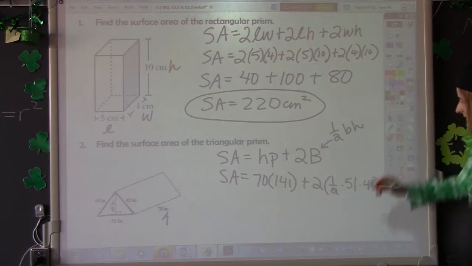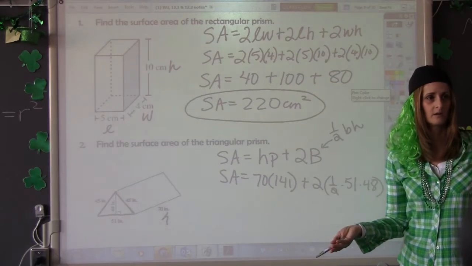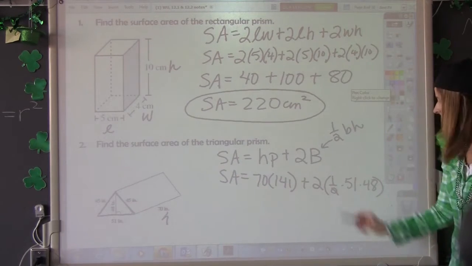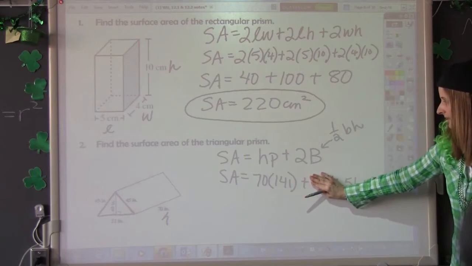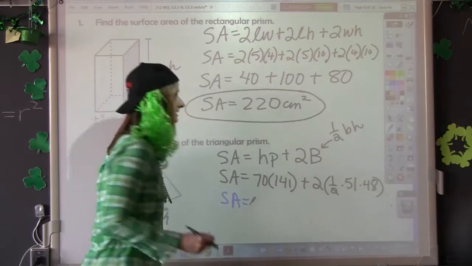Now, you see what happens here. You've got a 2 that's being multiplied by 1/2. So what's going to happen there? They're going to cancel out. Okay, that's exactly equal to 1. So I'm not even really looking at that. So now we've got surface area equals, take out your calculator.